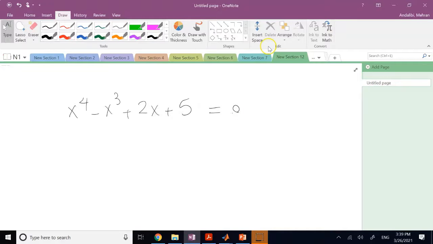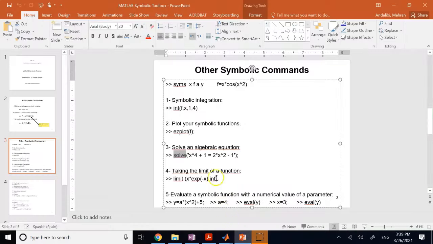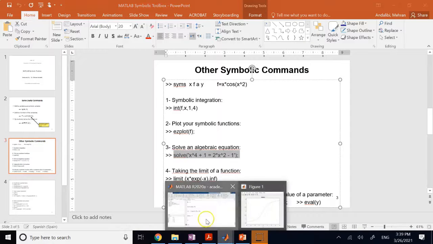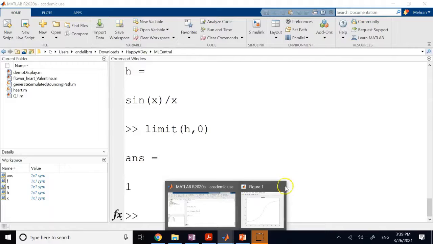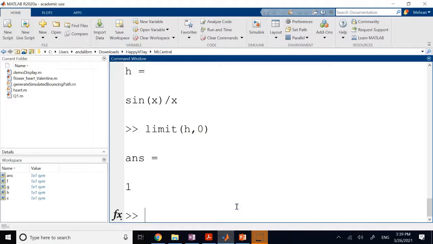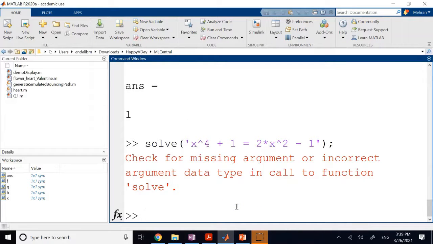Correct? What are the solutions to this? So all you need is to provide that inside the command solve, if they haven't changed it. I'm not sure if they have changed it or not, because they constantly change their stuff. So let me try it. They constantly change the symbolic operations. Yeah, yes, clearly.